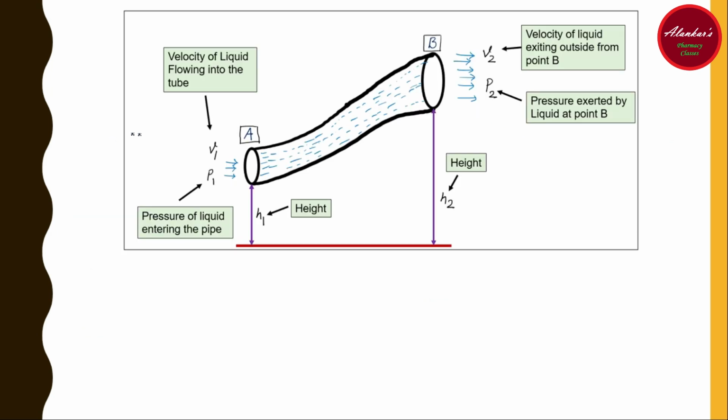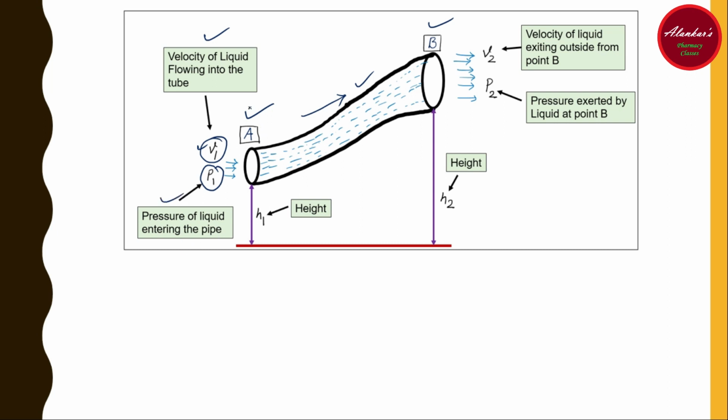Now you can see in this pictorial diagram that there is a movement of a liquid from point A to point B through a pipe. This is a pipe, through which a liquid is flowing. Now you can understand all the points mentioned here. V1 is the velocity of the liquid flowing into the tube, and P1 is the pressure of the liquid entering the pipe.